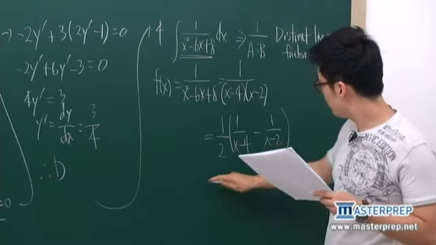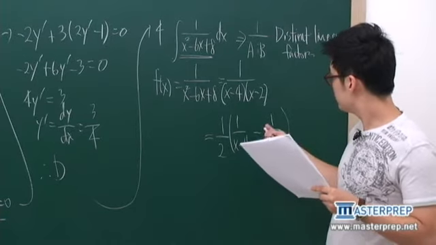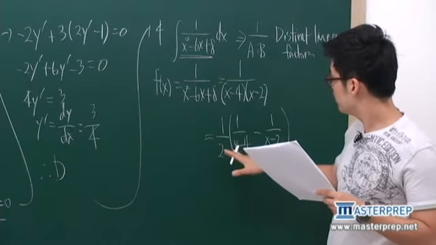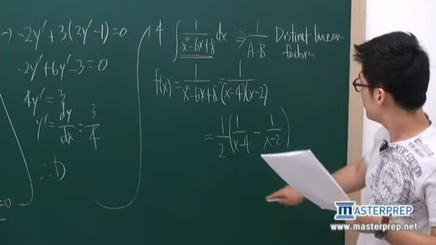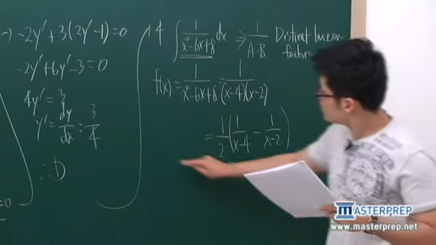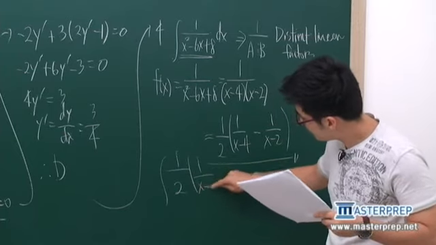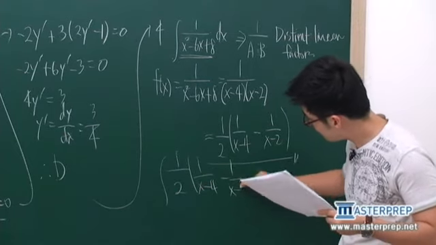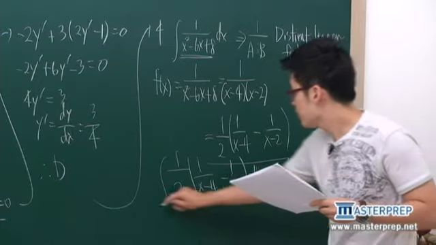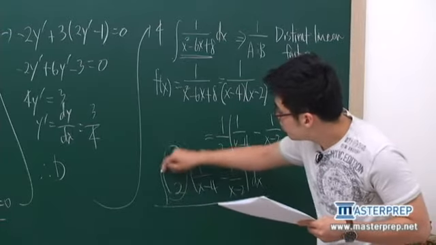Right. So, what do you have to do? You are using this fact, and writing 1 over 2 times the integral of (1 over x minus 4 minus 1 over x minus 2) dx. And constants could be pulled out, right?